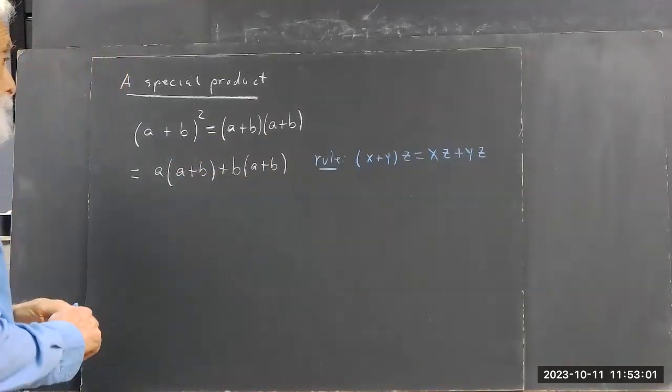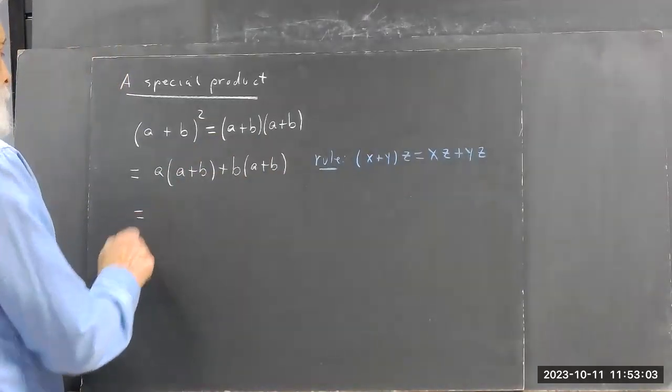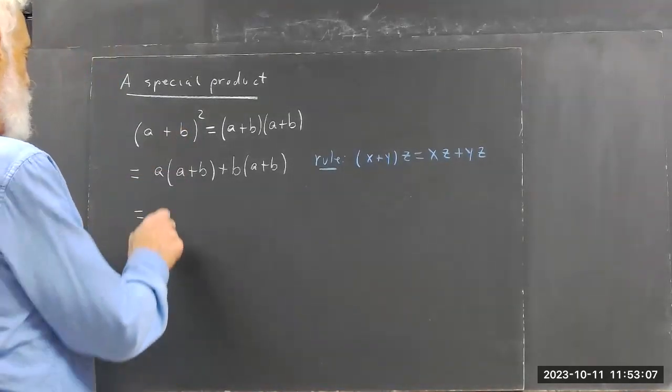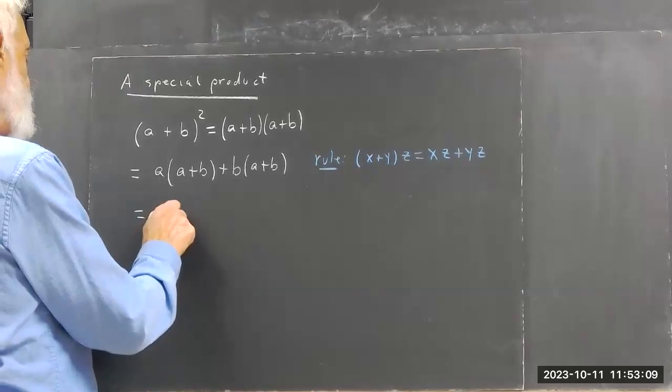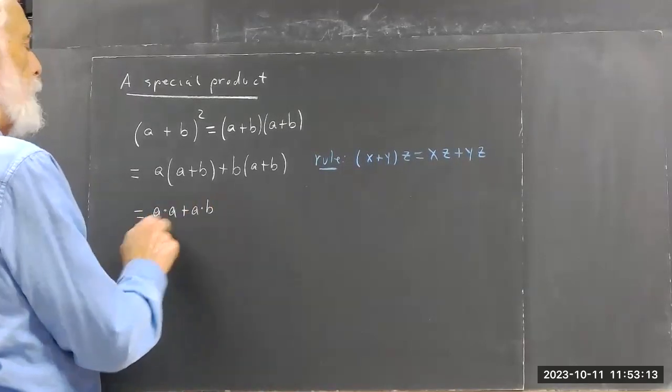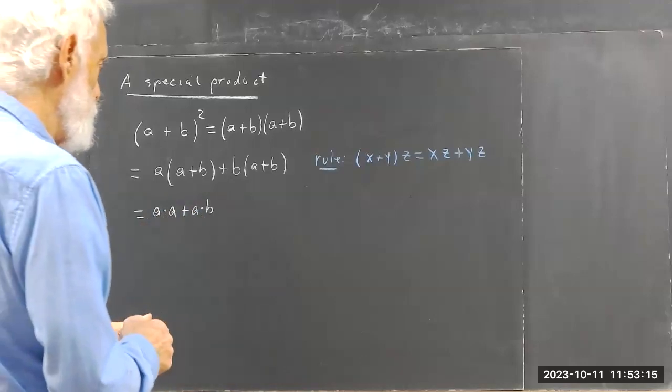And then, of course, now I got a times a plus b. Well, that's just a times a plus a times b.